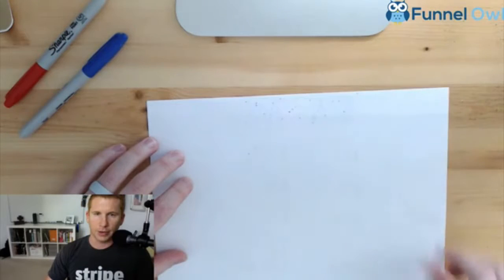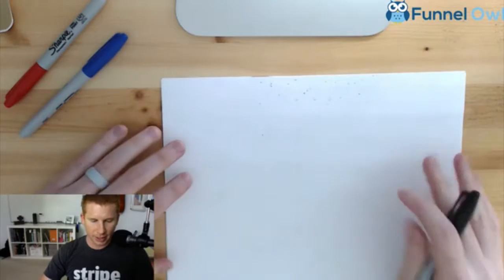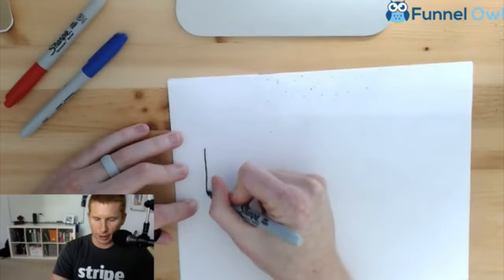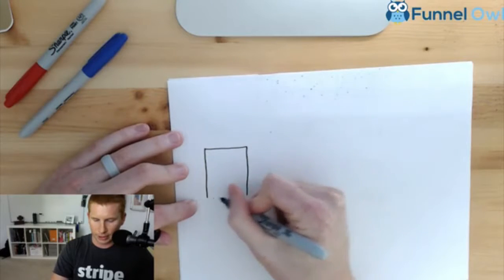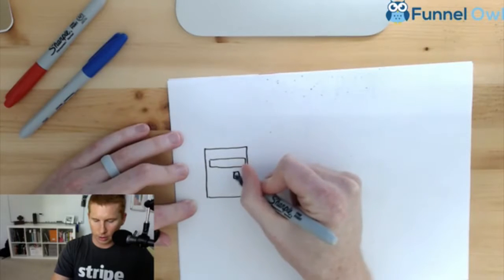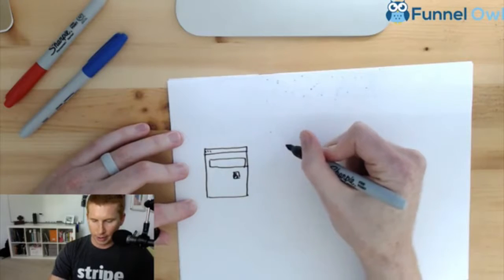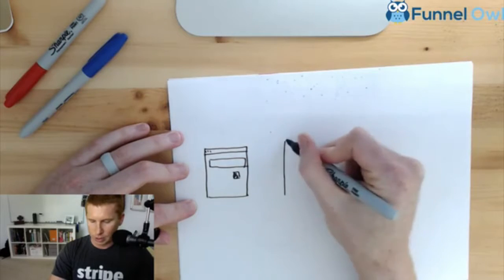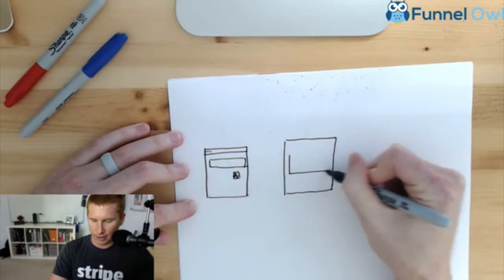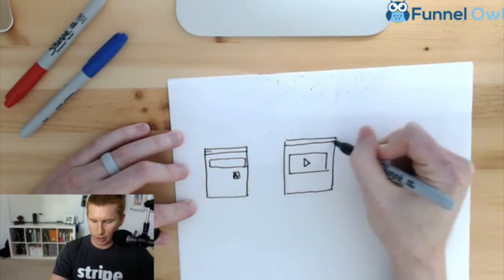Now, here's the other thing that really affects us a lot. So let's make just a super simple funnel here, 3-step funnel. We're going to collect leads in this step. Little landing page, sign up. When you sign up, you're a lead now, and you get, maybe it's a video that they get access to.